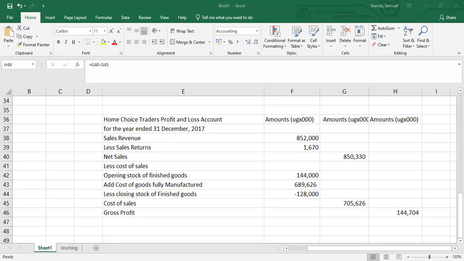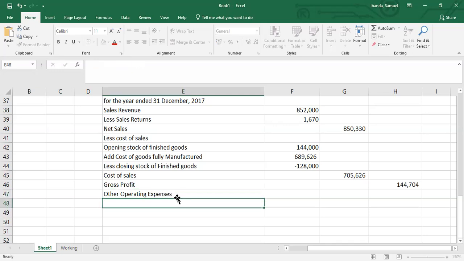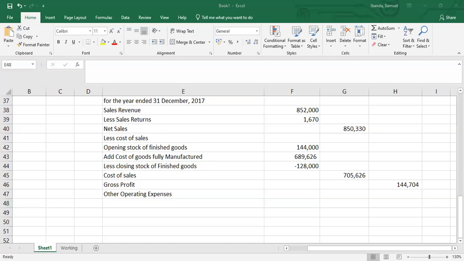So after I've done that, I'll now get into my other operating expenses. Now in manufacturing, we break down, okay?